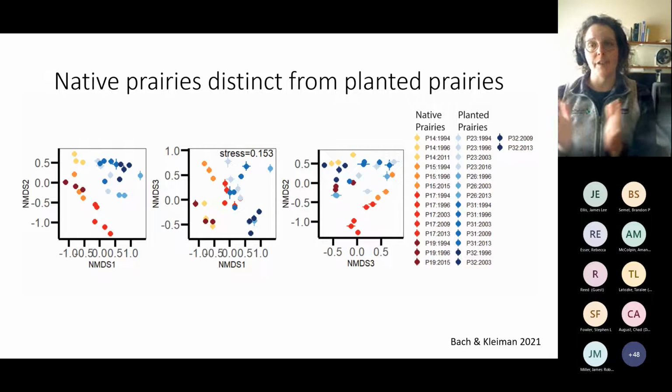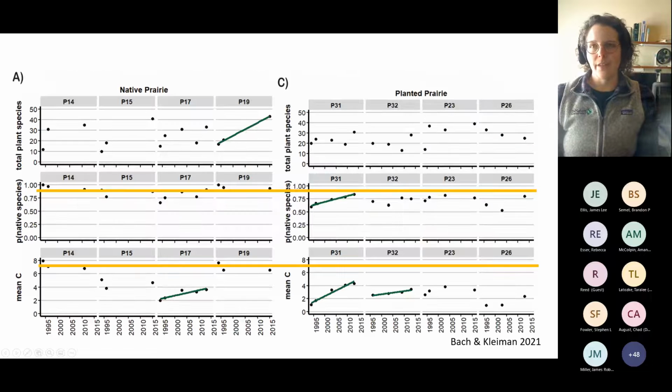You can see from these angles that there is some distinction between the two. I also invite you to recognize that we see again that spread across the native prairie remnants and a tighter clustering amongst the planted prairies, meaning the planted prairies are more similar to each other than the 4 remnants are.